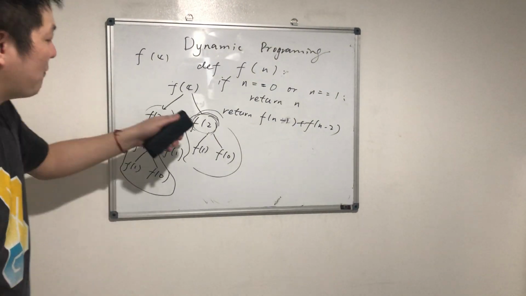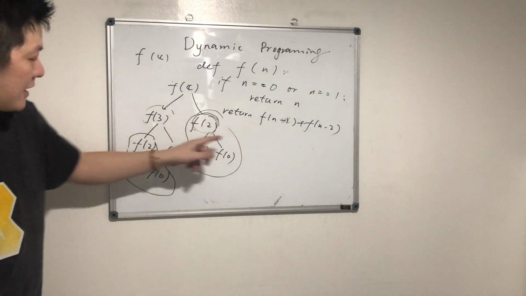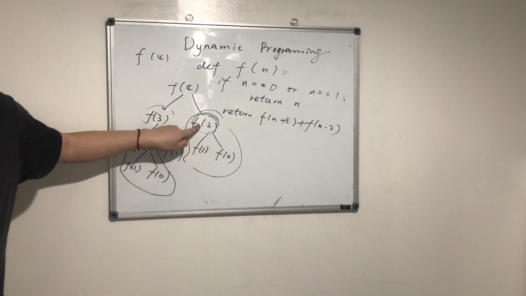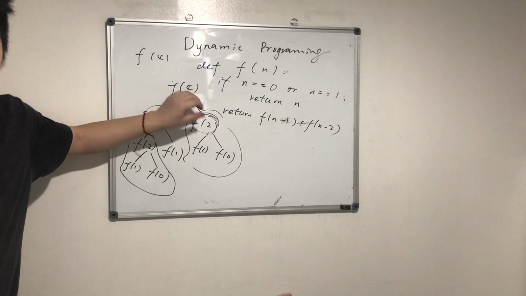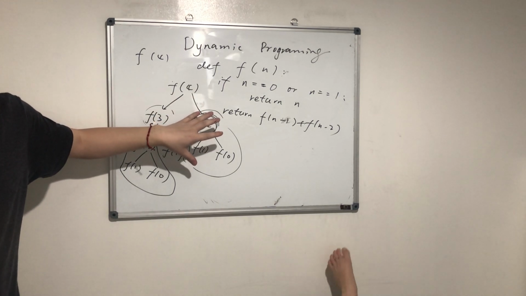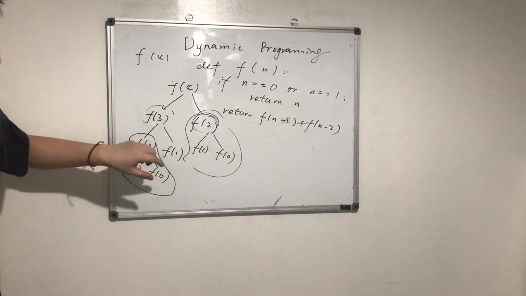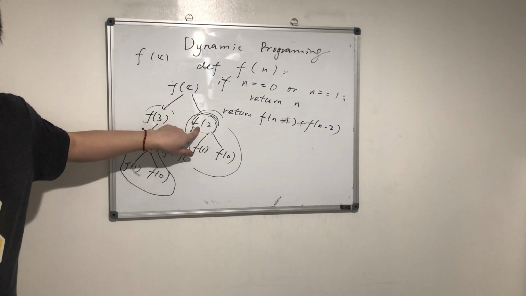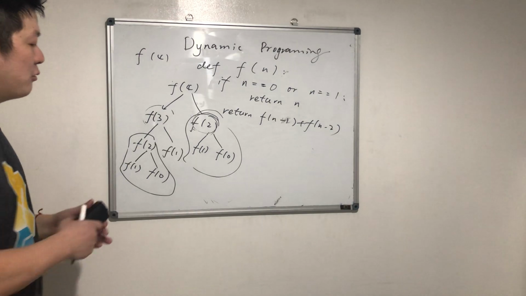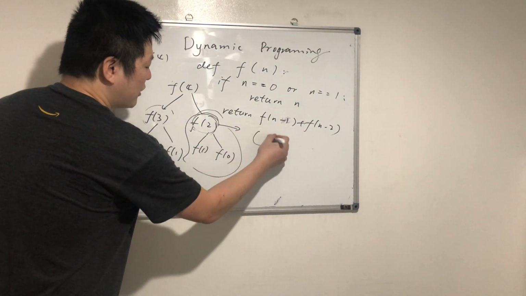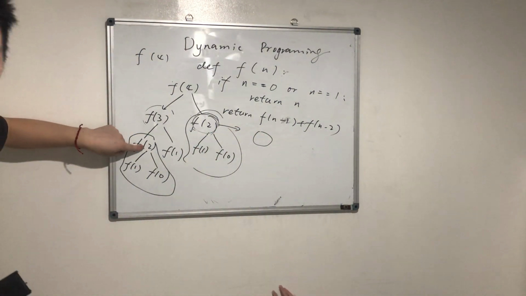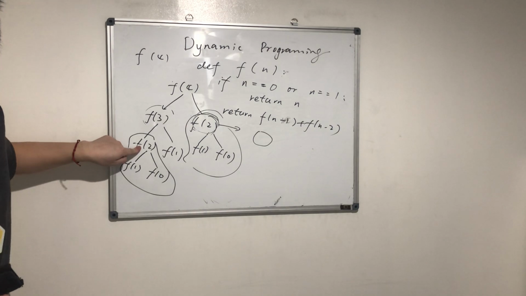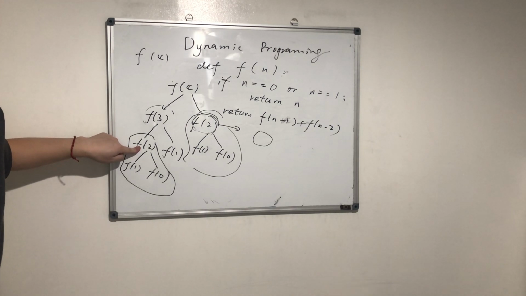Okay, so look, the problem is that we are not remembering the intermediate results. If the first time we calculate F2, we save this into a notebook, and then when we come here to F2, now we already know F2.